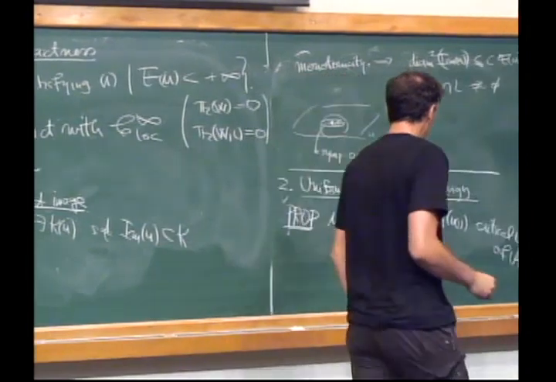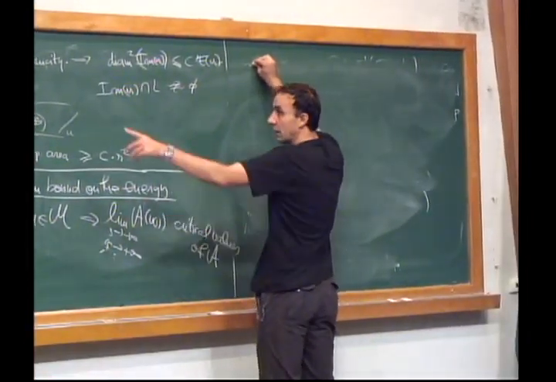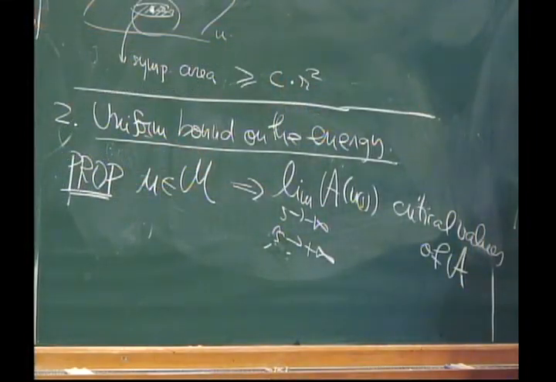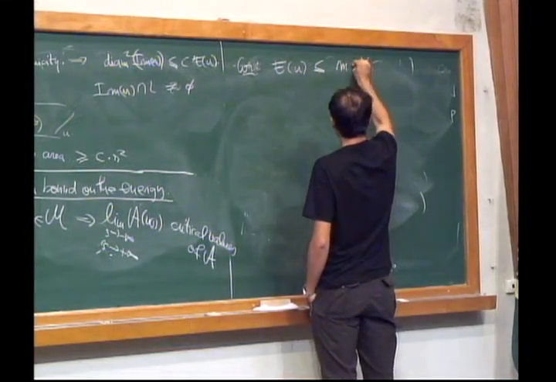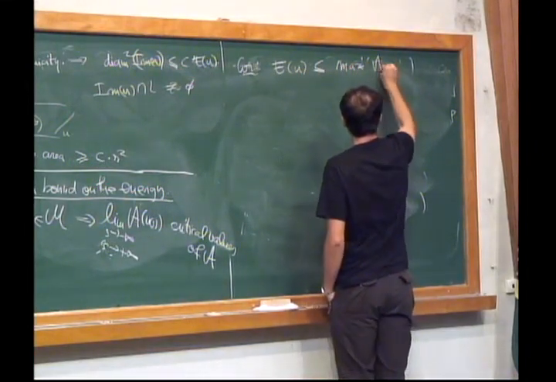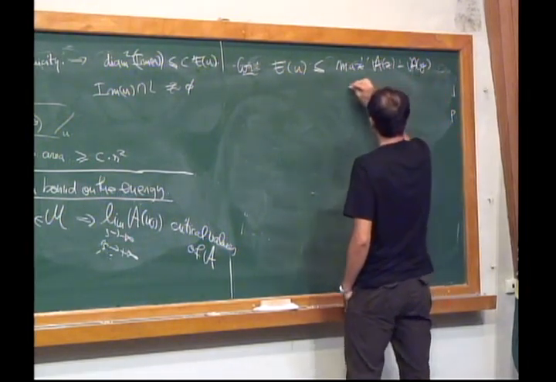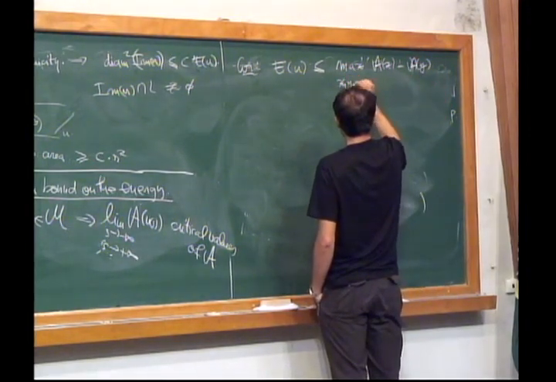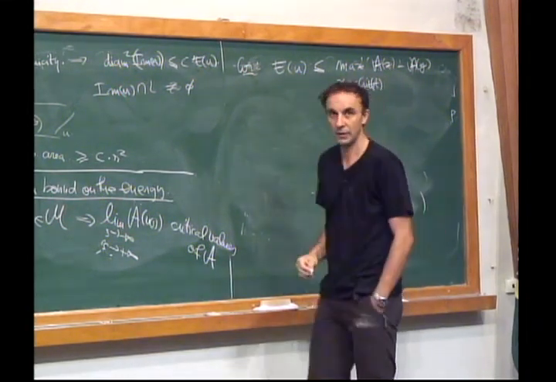But I can prove something about the limit of A of U(s), and I proved that this is a critical value, which means that, remember, in this case I put a remark on the board. As a consequence, this E(U) will be smaller than the maximum of A(x) minus A(y) for x, y critical. Okay?